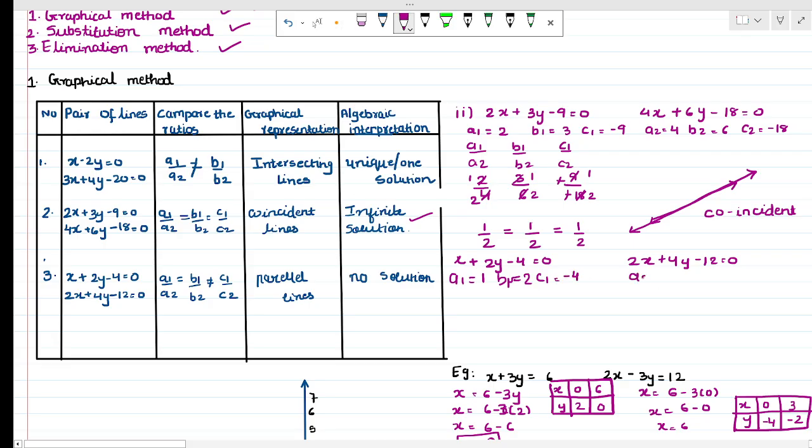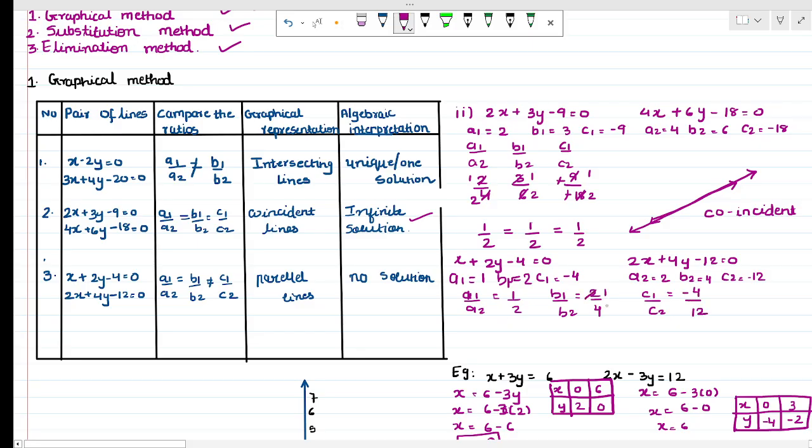In the same way, A2 is equal to 2, B2 equals 4, and C2 equals negative 12. Convert them into A1 upon A2, which is 1 upon 2. B1 upon B2 is 2 upon 4. And C1 upon C2 is minus 4 upon 12.